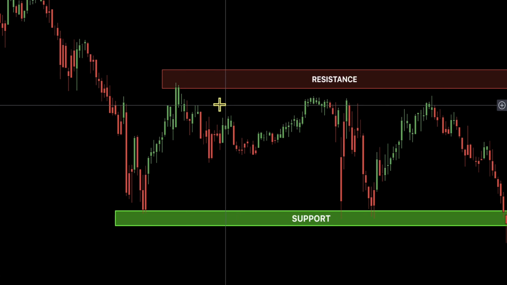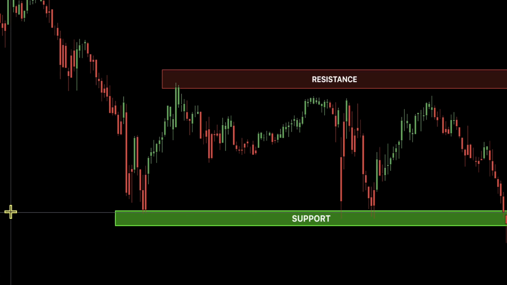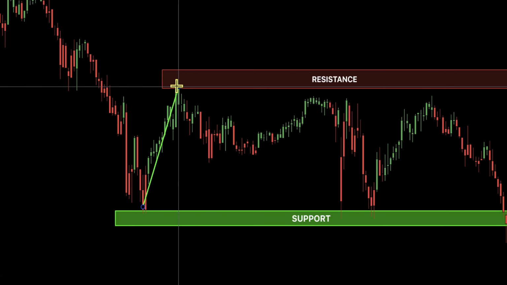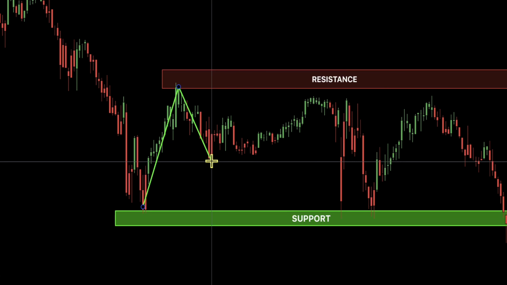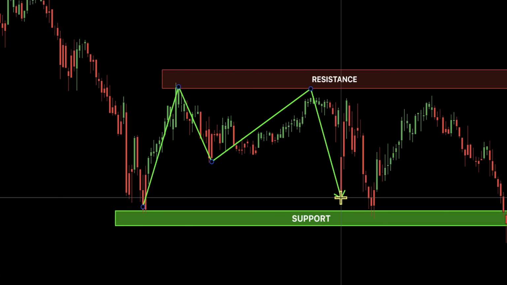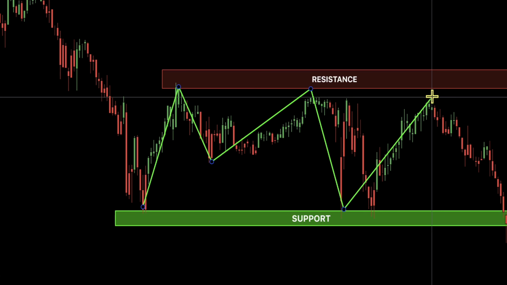Now that you see this, you can tell that we have what we call a consolidation area. So you want to come over and grab one of your nifty tools called a path arrow, guys. We're going to go from the bottom to the top, and you're going to be able to identify that the stock is always going to go between your resistance and your support.